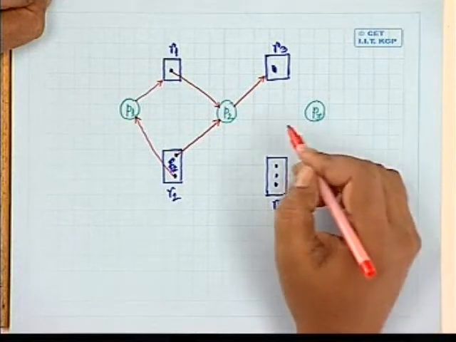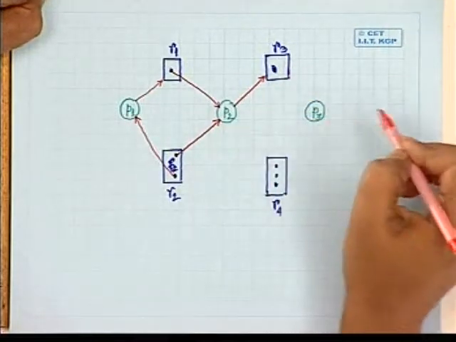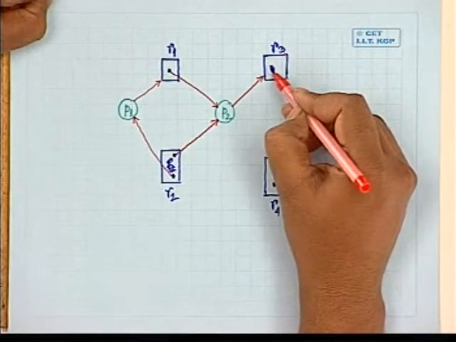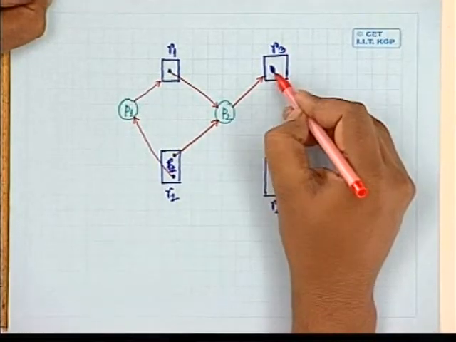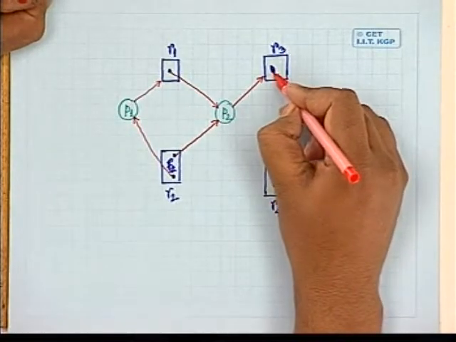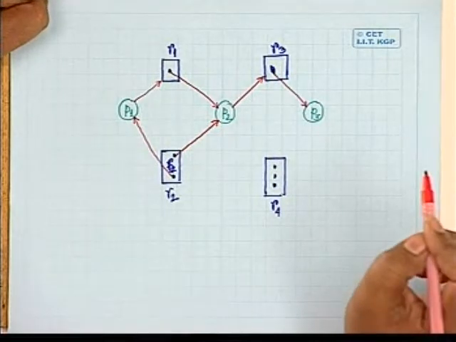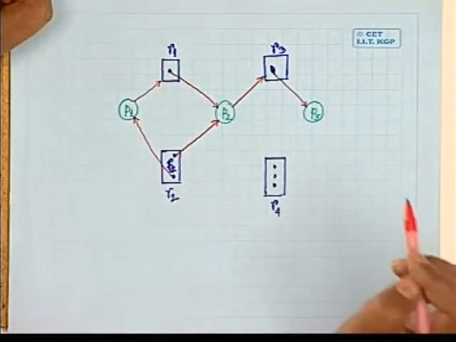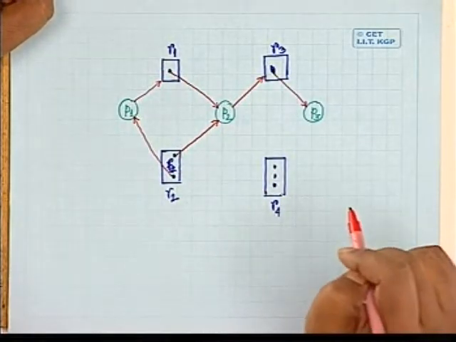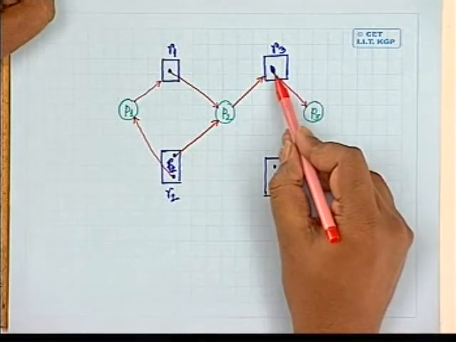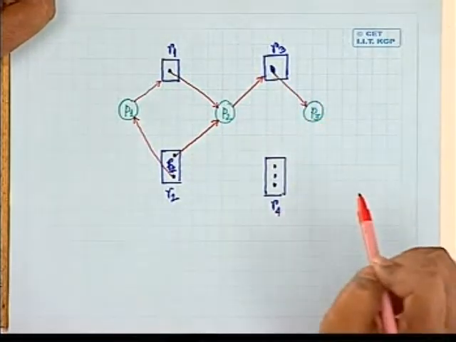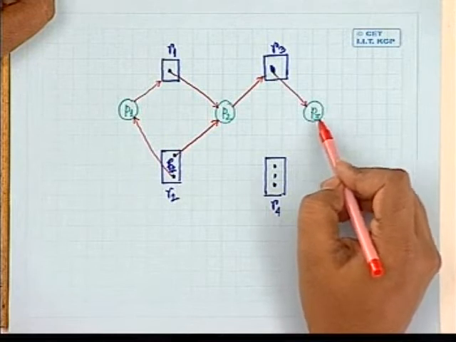Right? Now, at this point, maybe because R3 has a single instance, this instance of resource type R3 is allocated to process P3. So I can have a situation like this: at a particular time, an instance of resource type R3 is allocated to P3, and P3 is not waiting for any other resource.